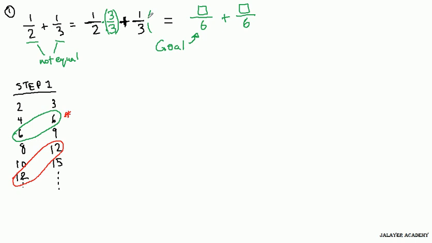Well, what do we need to multiply 3 by in order to get it to be equal to 6? 2, right? 2 times 3 is 6. So we need to multiply this 3 by 2 to get it to be 6. And whatever we do to the denominator, we also have to do to the numerator. Right? Whatever we do to the bottom, we also have to do to the top.